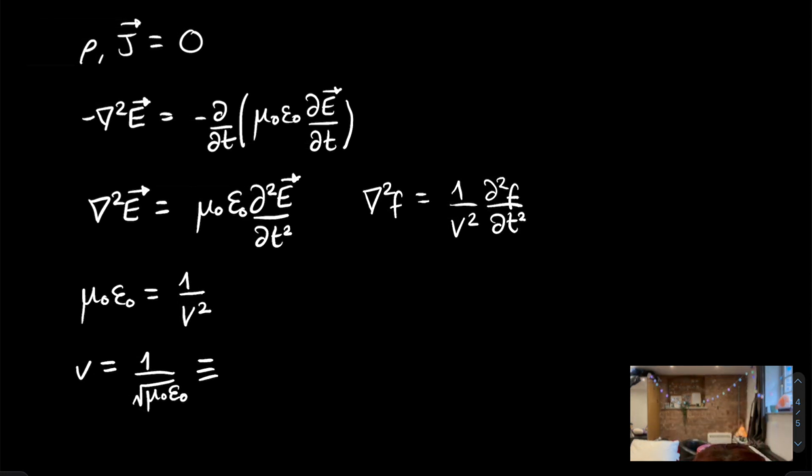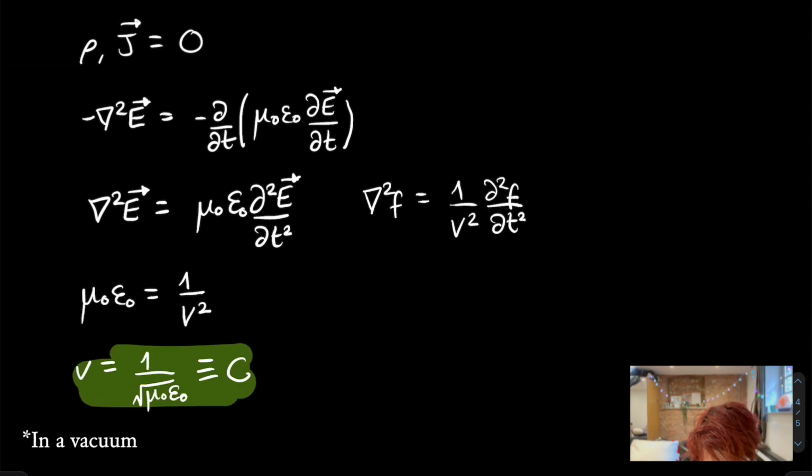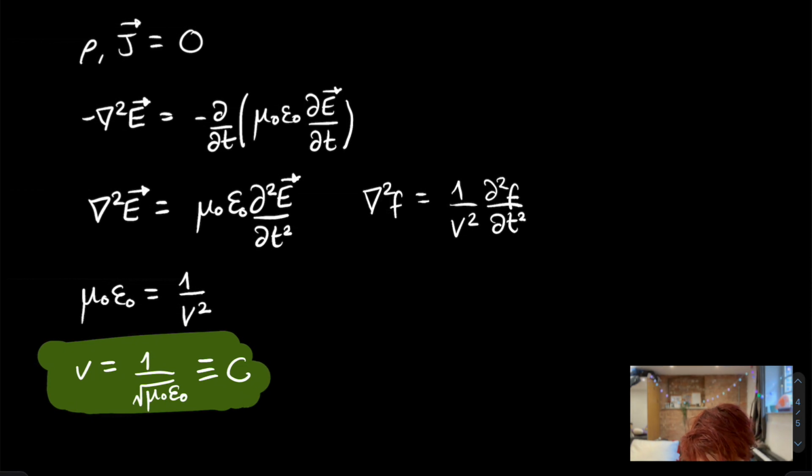This we call c, and we obviously know what c is. c is the speed of light. It is the speed of electromagnetic radiation. And therefore we have just proven that light is an electromagnetic wave that propagates at velocity 1 divided by the square root of mu naught epsilon naught, which we define as c.